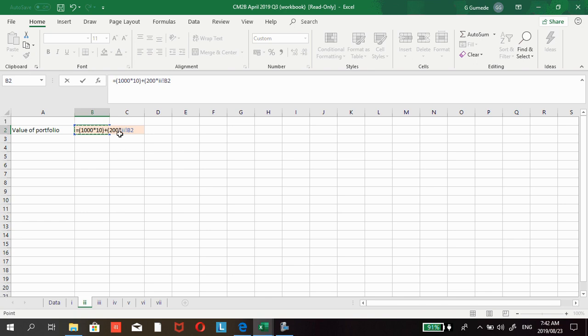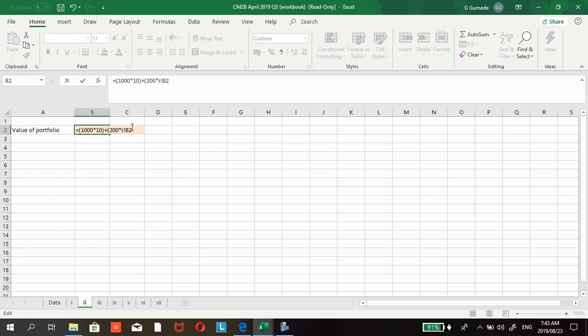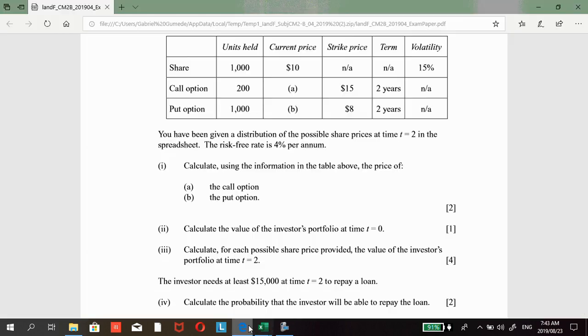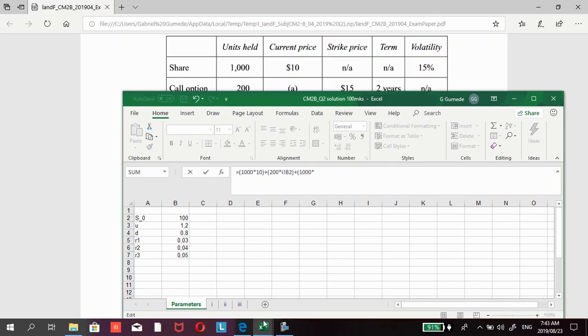Okay, so I'm going to take that, but I need to change this 2 here to 1 because I picked up this value in this tab here, tab 1. Okay, I'm going to close my bracket here, and we have got 1,000 put options.